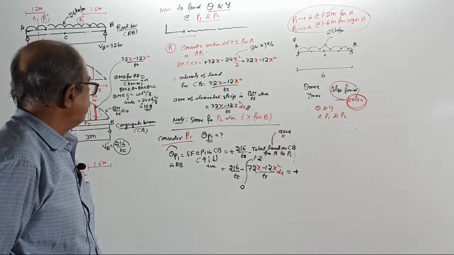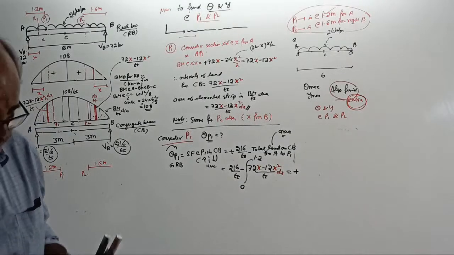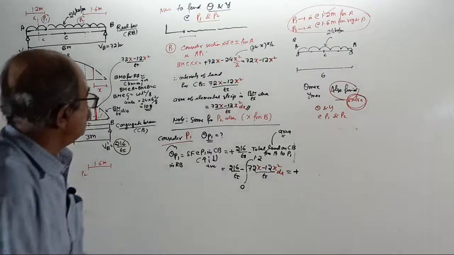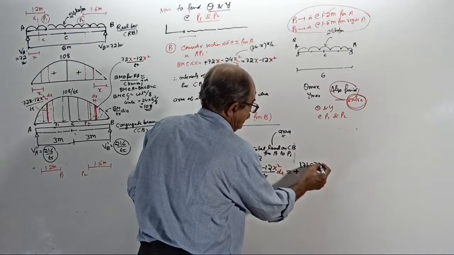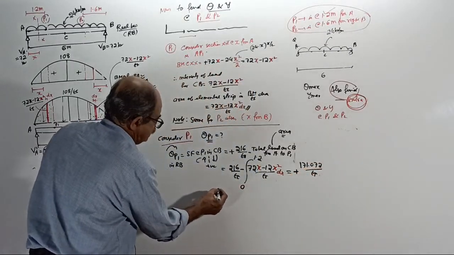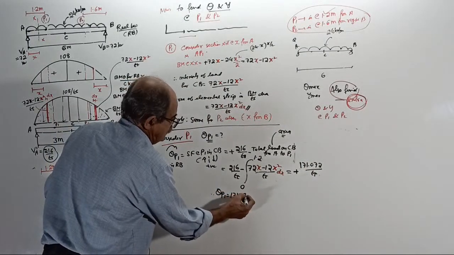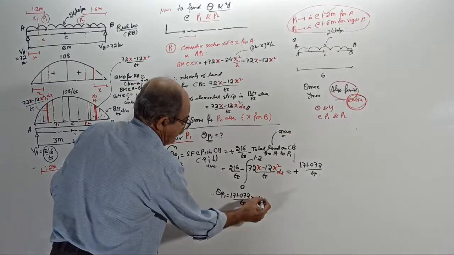That answer subtract from 216. Big answer. 171.072 by EI. Therefore, your theta P1 equal to 171.072 by EI radian clockwise.